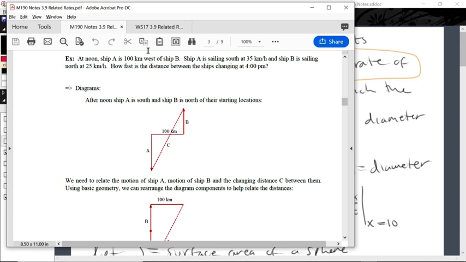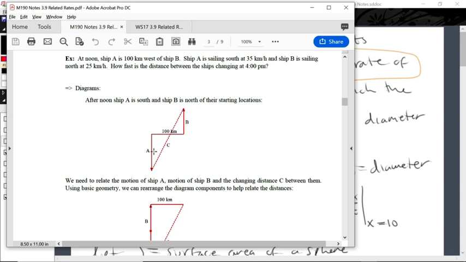So, for instance, ship A in 4 hours would have gone 140 kilometers south. So this distance would be 140 kilometers if we were to freeze the situation, but we want to allow it to continue to evolve. It's still moving at that time.